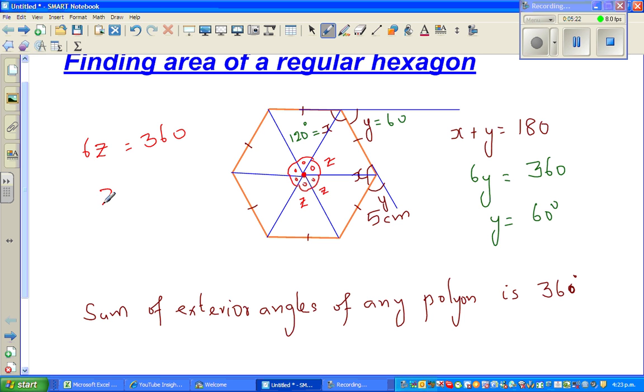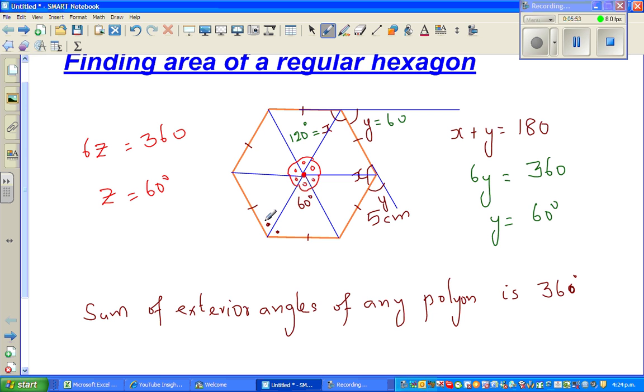How much is Z? Z is 60 degrees. So each of these angles is 60 degrees, and this angle plus this angle is 120 degrees.